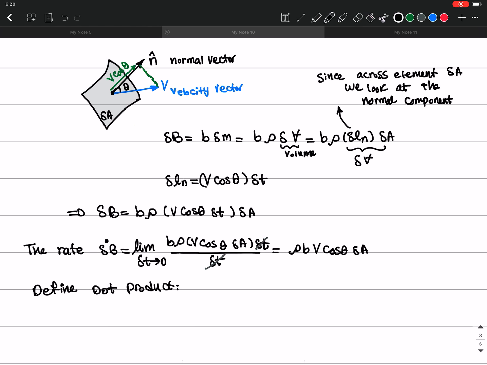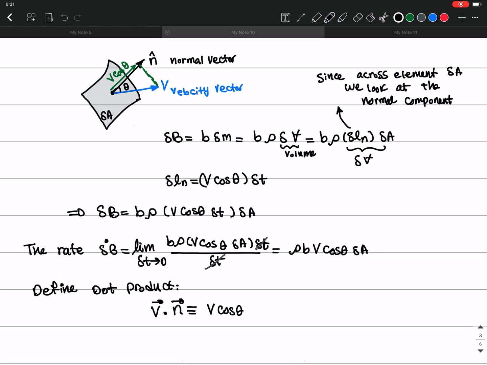The dot product of two vectors, like V dot N, is V cosine theta, right? So this is the definition of the dot product, which is defined for two vectors.